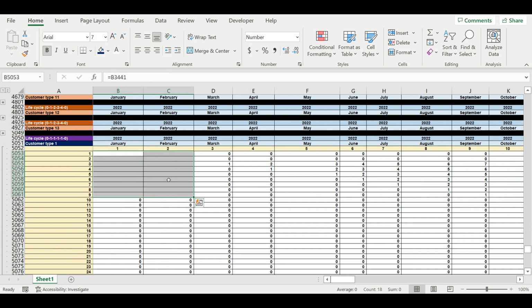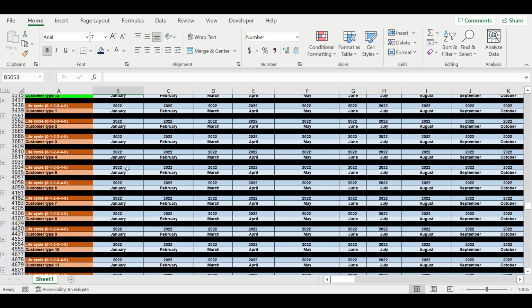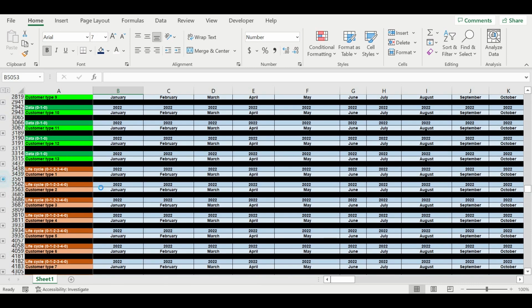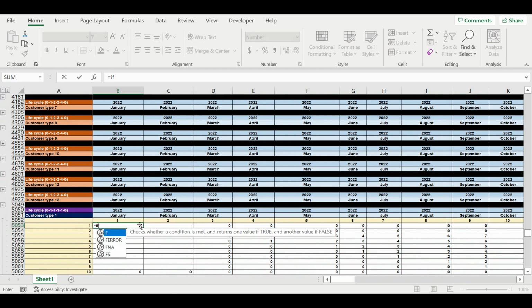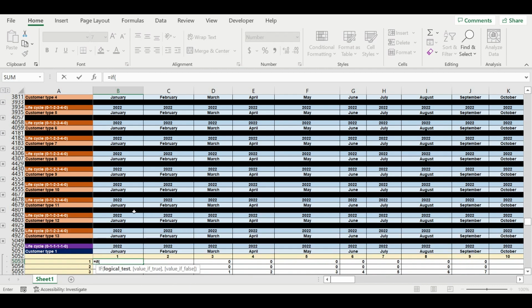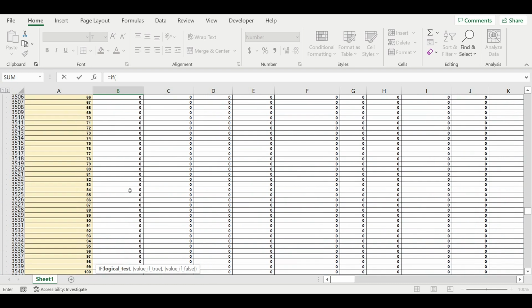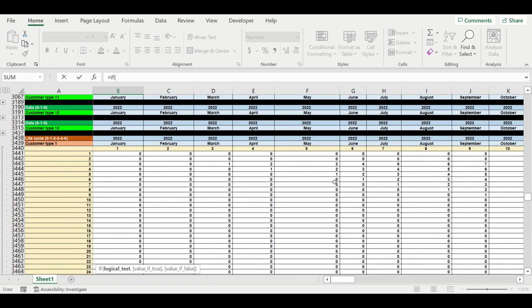So we go here and we'll be creating a formula for this cell. So here we have the life cycle.